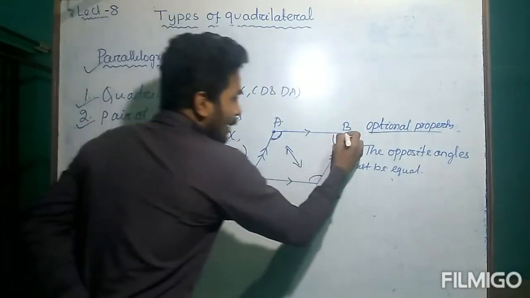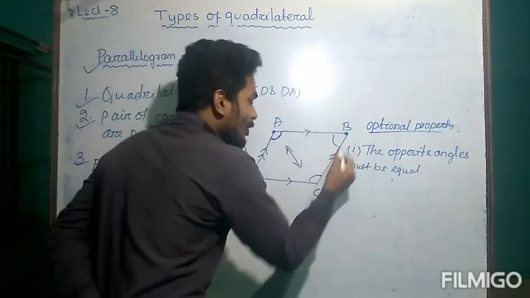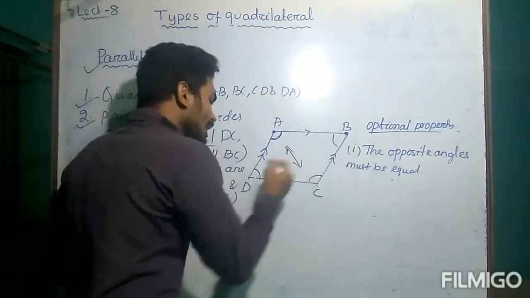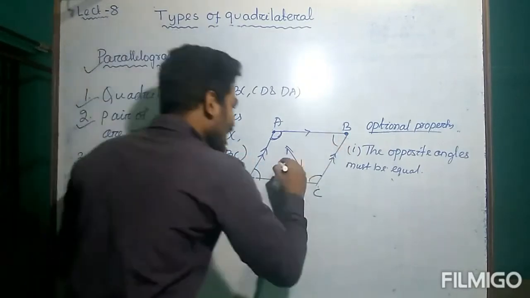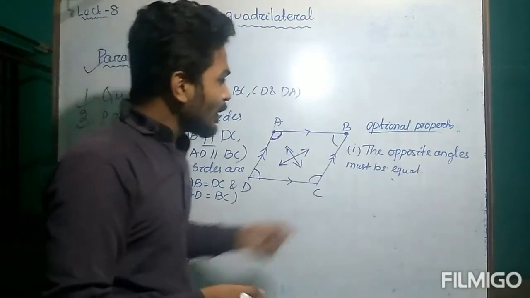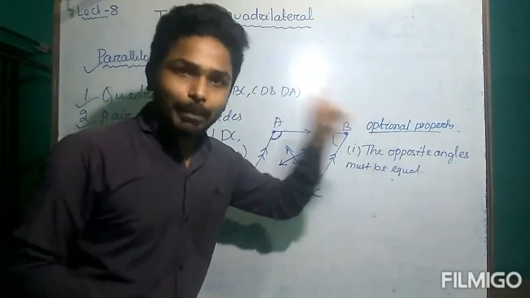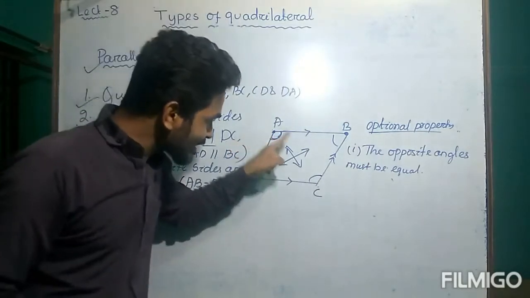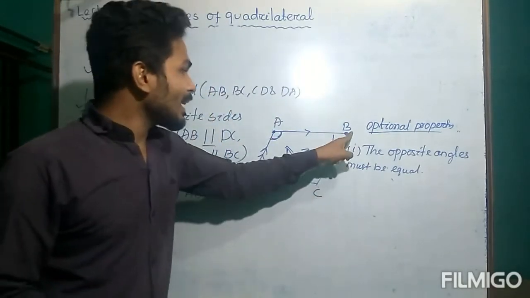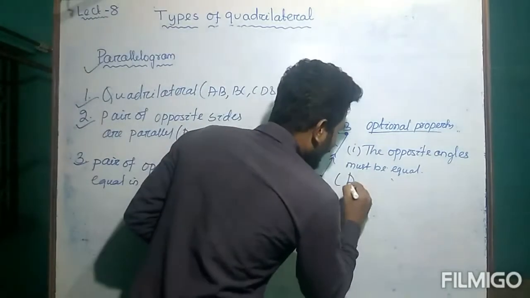Similarly, for angle B, the consecutive angles are angle A and angle C, and the non-consecutive angle is angle D. So B and D are opposite angles. So the first property is that the opposite angles must be equal. It means angle A is equal to angle C and angle B is equal to angle D. Write it.